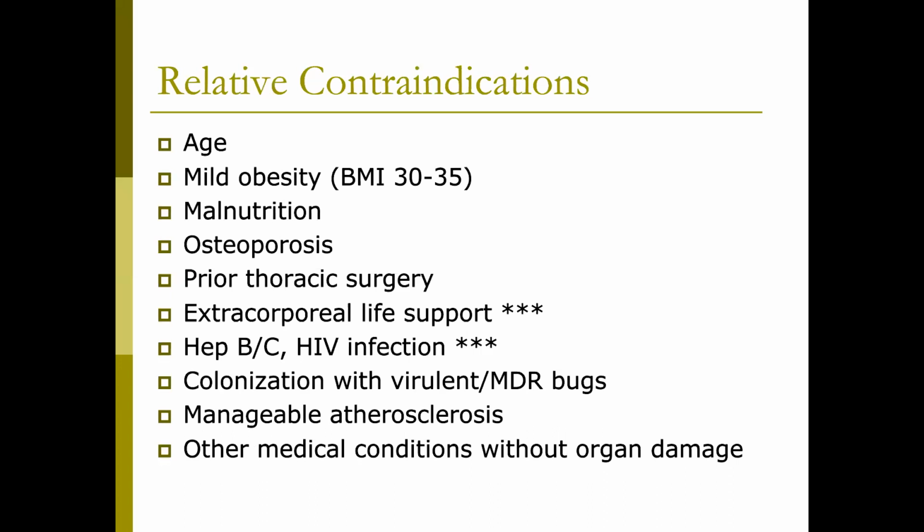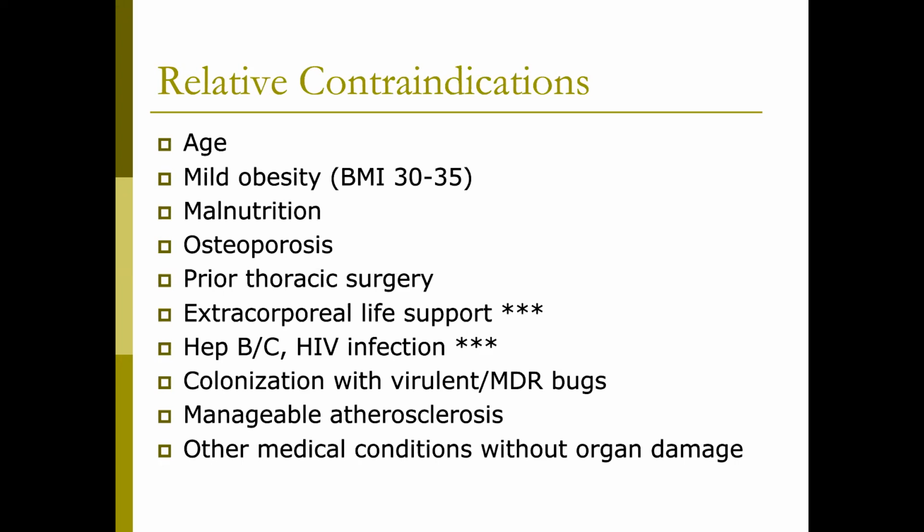We talked about obesity, that mild obesity with a BMI somewhere between 30 and 35 may not necessarily be a big contraindication, but it would be something to give you pause and make you think a little bit, and maybe not necessarily consider transplantation in a very heavy individual.